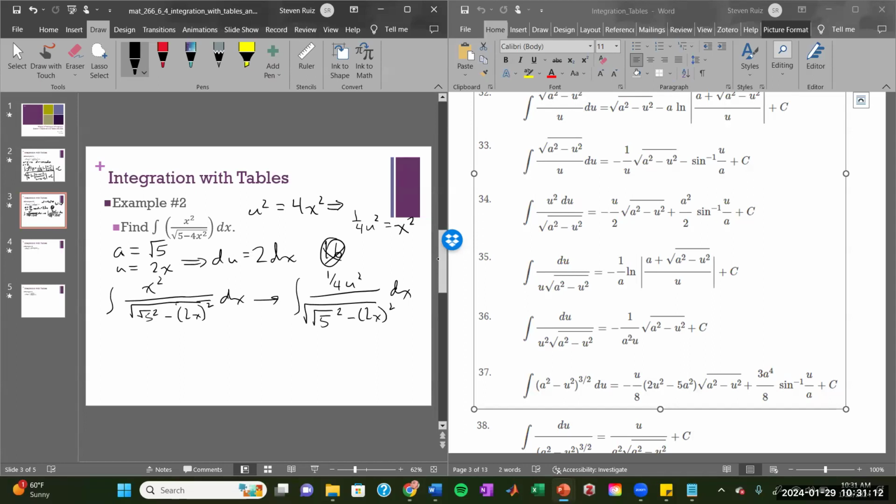So let's do one more thing before we go further. I'm going to pull out a 1/4: 1/4 times the integral of u squared over the square root of 5 squared minus 2x squared. What becomes of dx here? That should become du over 2, right?